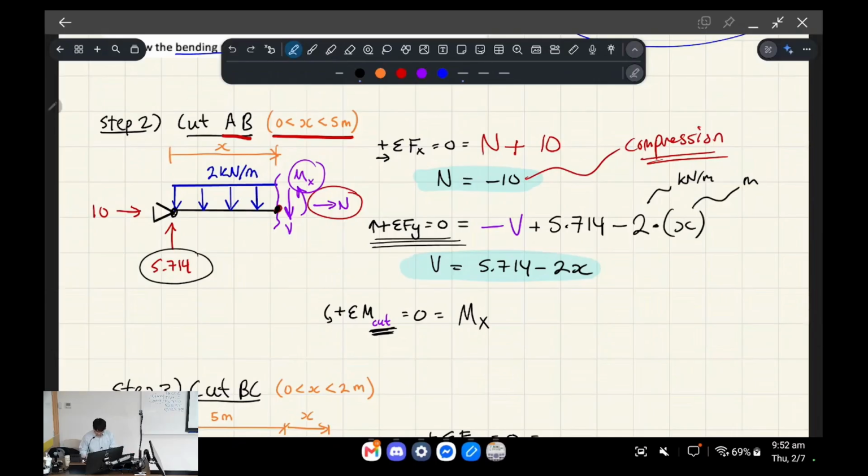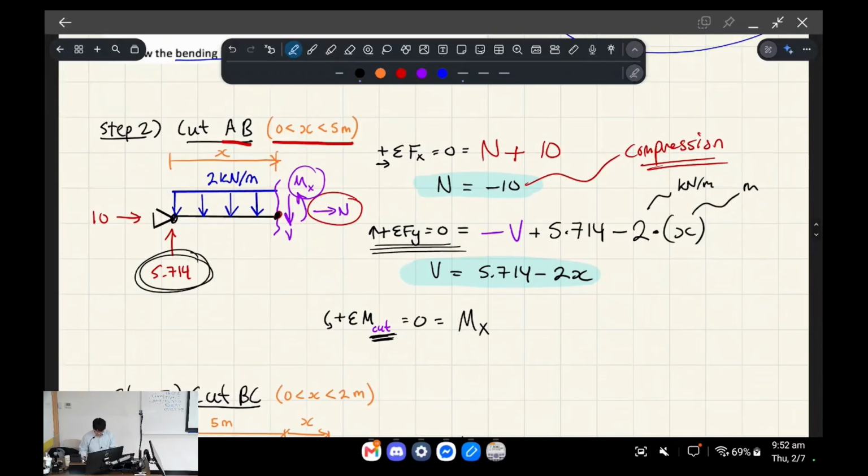So what do I mean by that? Basically, let's take this force, for example, right, at the support, the vertical force of 5.714 kilonewtons, right? It's going to cause a clockwise spin about the cut over here, so it's going to be negative.